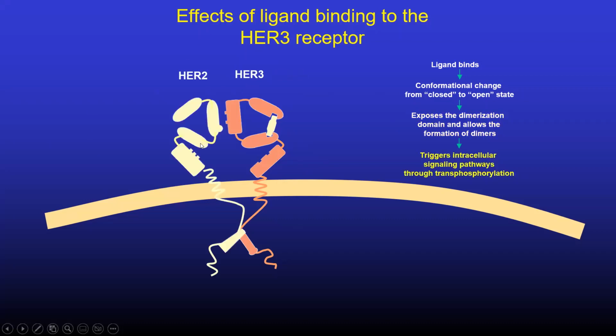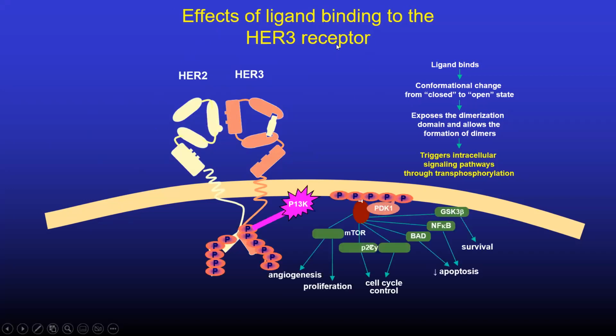The only way HER2 gets activated is by binding with another receptor, and its preferred partner is HER3. And HER3 has a ton of docking sites for PI3 kinase. And so when HER3 and HER2 get together, that sets off an explosion inside the cell, a signaling pathway that allows the cell to divide and grow and stay alive.